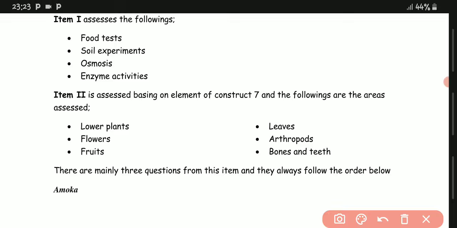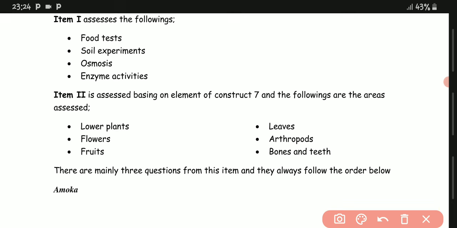Now, let's cross to item 2. Now, when we're talking about item 2, we say that this one is assessed from element of construct 7, where I told you that here we have structures and the functions of living organisms.